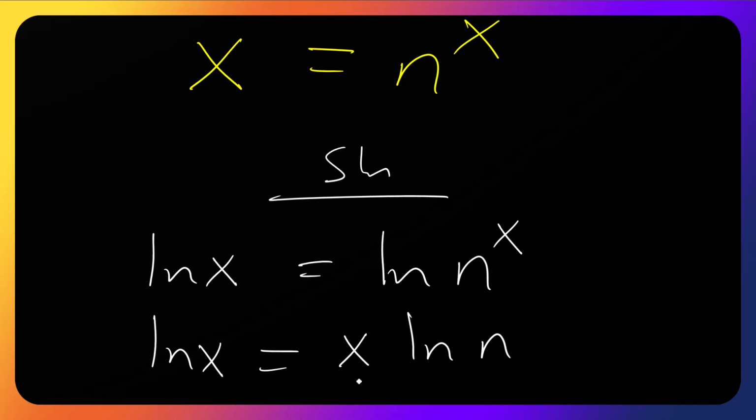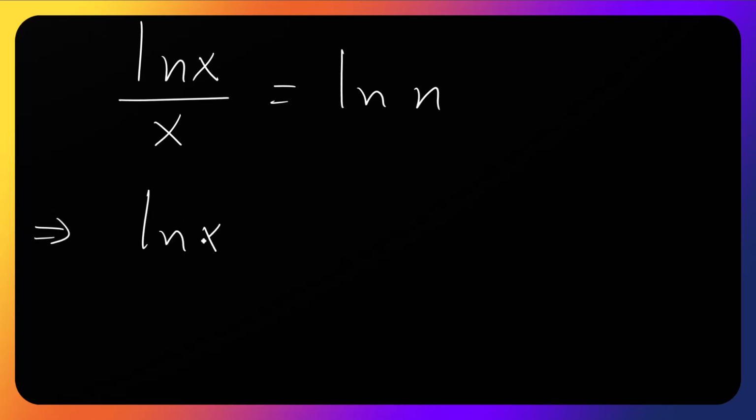I would like to group the x on one side, so I will divide both sides by x. This one will cancel. ln of x over x equals ln of n. So I can write my left hand side in a linear form as ln of x times x to the power minus 1.